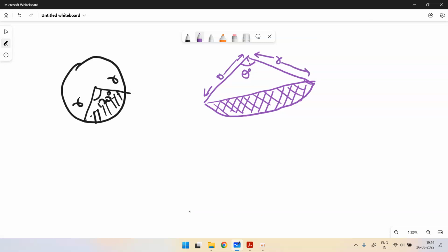You know that this divides the triangle. Let me name the points A, B, C, D. See, let's suppose this is triangle ABC.